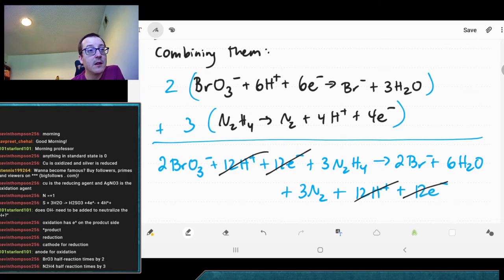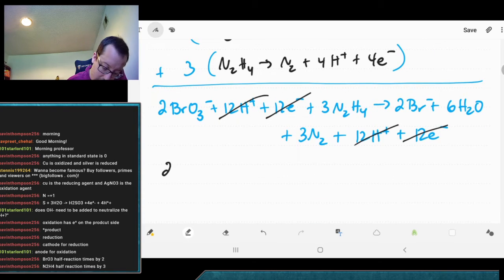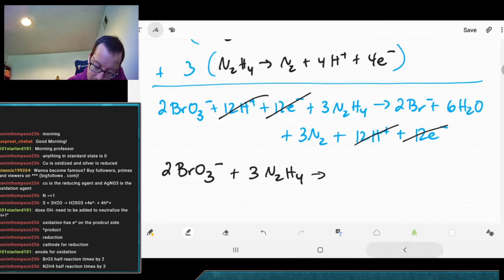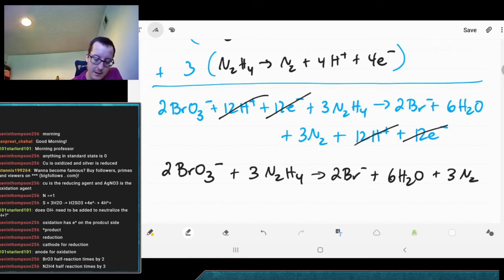Lucky us. And I think that's all that's going to cancel here. So overall, we have 2 bromates plus 3 hydrazines turns into 2 bromides plus 6 waters plus 3 nitrogens. And we're done. Hooray! Any questions on that one?